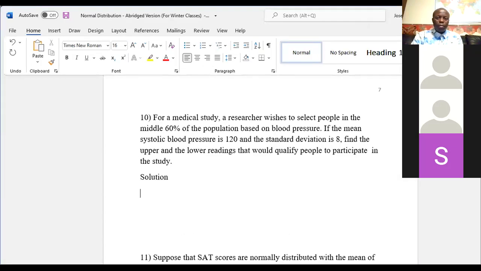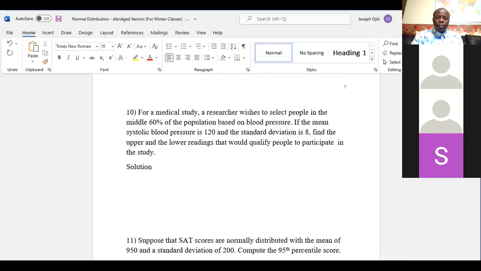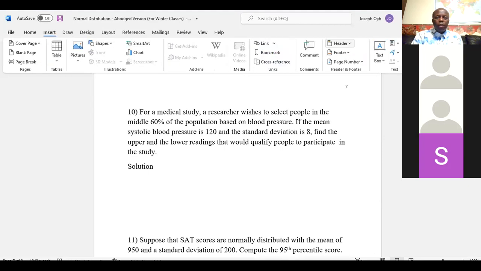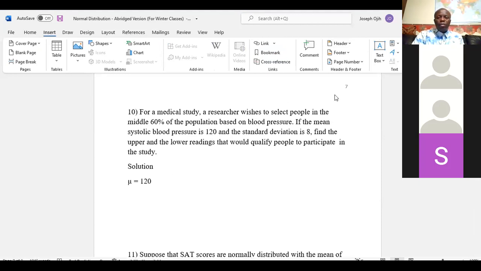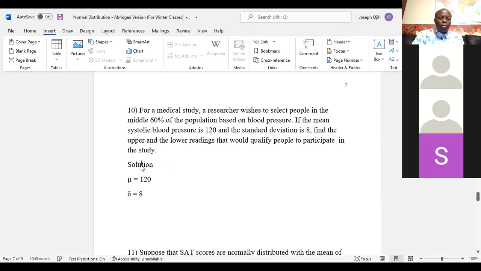The mean, which you can get from here, the symbol for the mean is this, equals the mean blood pressure, equals 120 millimeters, and the standard deviation we can get from here as well, equals 8. So that we have this.